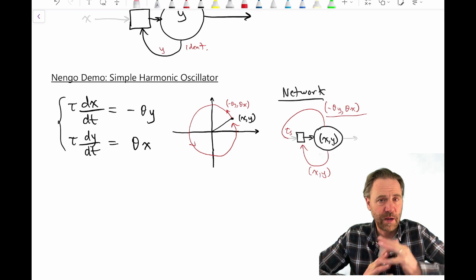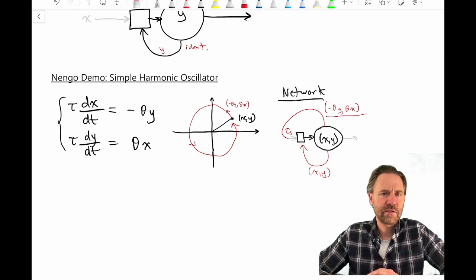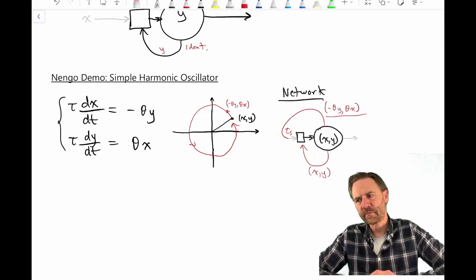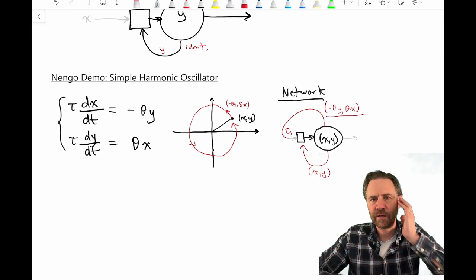I've written papers using oscillators to do path integration and represent location, like where you are in space, and they produce similar types of spiking behavior to what you would see in actual grid cells in your brain. And you can produce place cells.